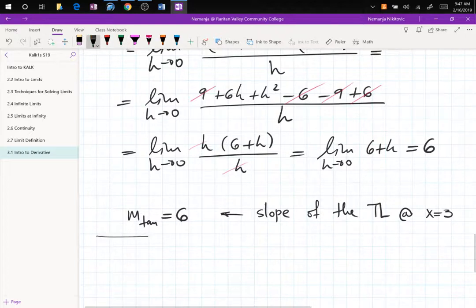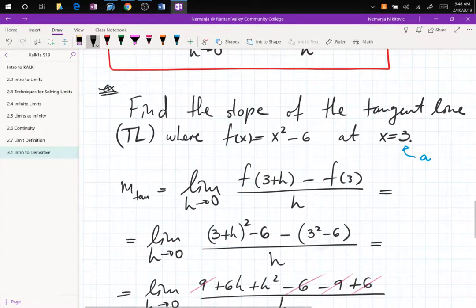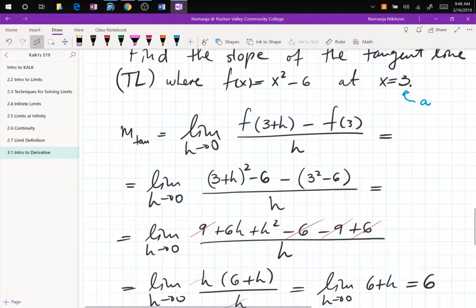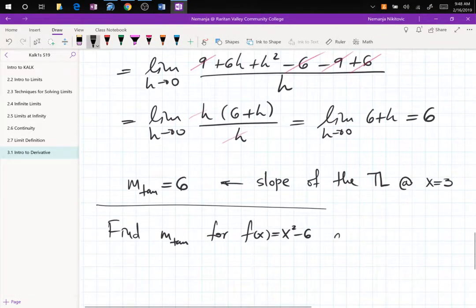So now, find m tangent for the same function, x squared minus 6. Is it minus 6 or plus 6? What did I have? Minus 6. And you said x equals 9.